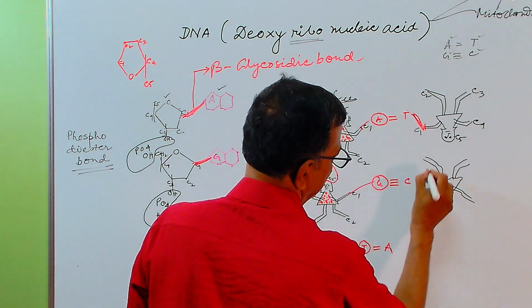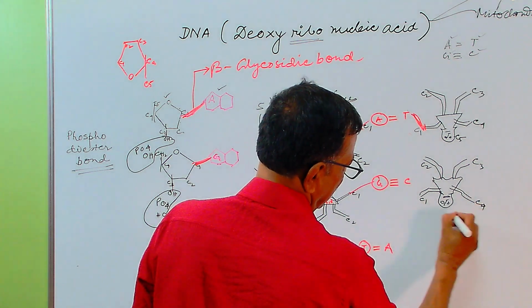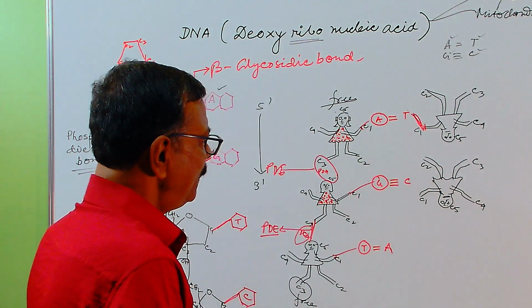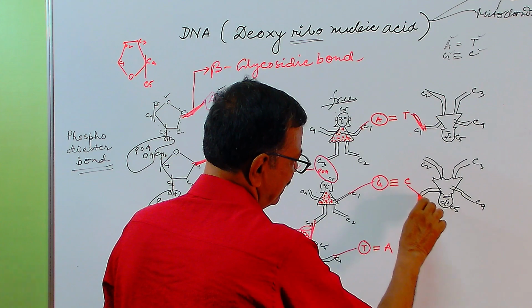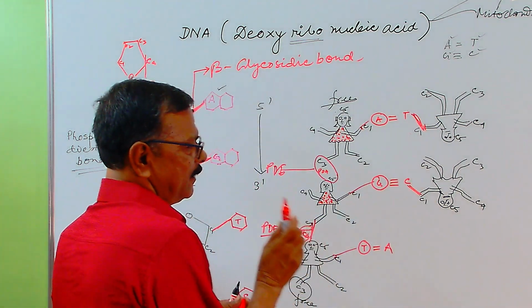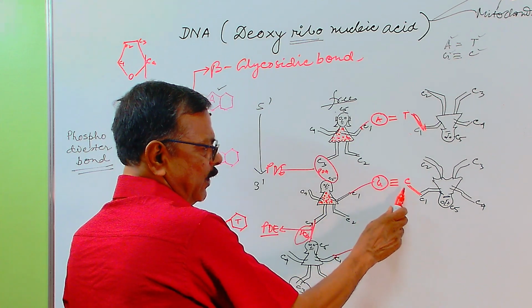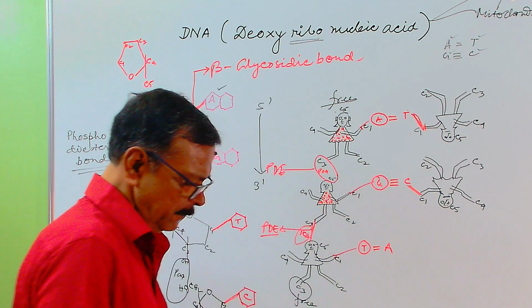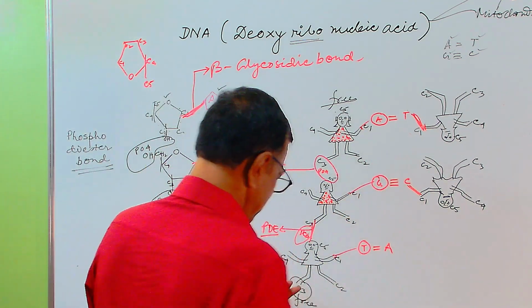This is C1, C2, C3, C4 and on the head C5. Okay? So, here this C1 will join here. So, we will say the nitrogenous bases will remain joined with the sugar at the C1 carbon position. At the C1 carbon position. Here also the C1 carbon position.